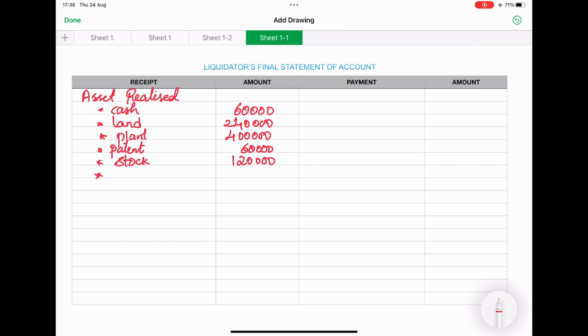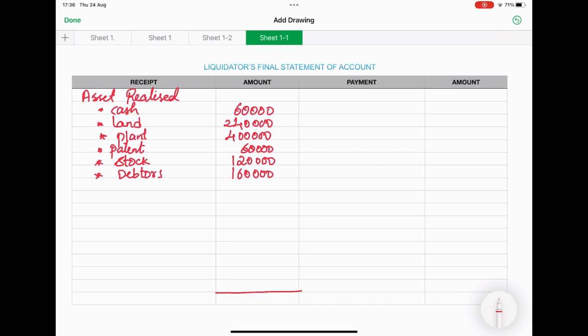Next, debtors we have. Sorry, debtors are realized at 1,60,000. So these are the values. I'll just calculate the total, so it will be easier for us to calculate the amount we are exactly going to pay.